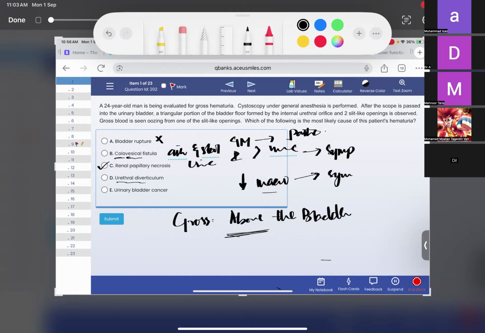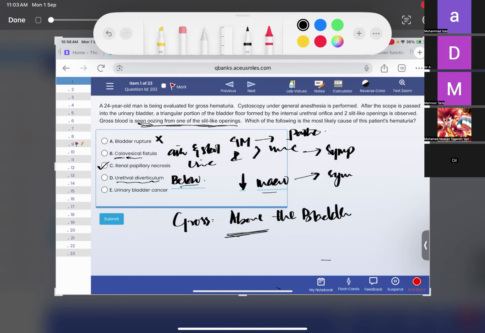Urethral diverticulum. Again, it's below the origin of the blood, oozing from the slit. Are you getting my point?